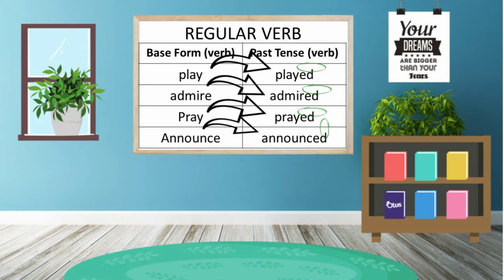Observe that we only added d or ed to the base form of the verb and it transposed it into past tense. We have here play became played, admire became admired, pray became prayed, announce became announced.